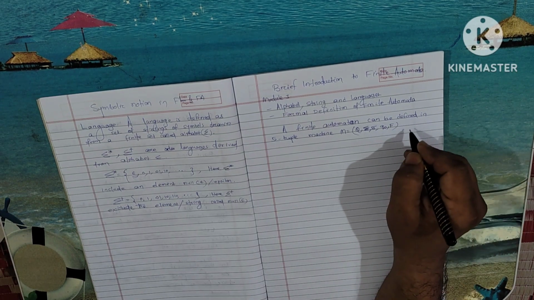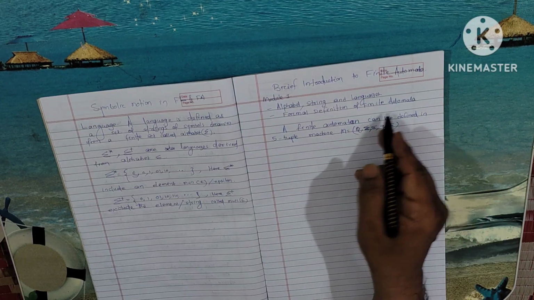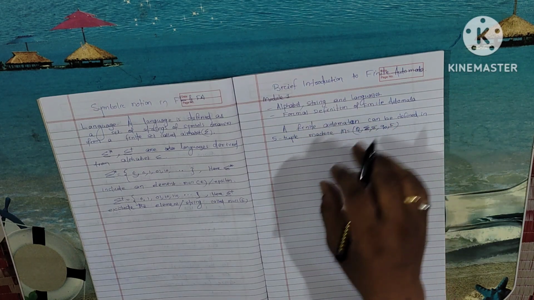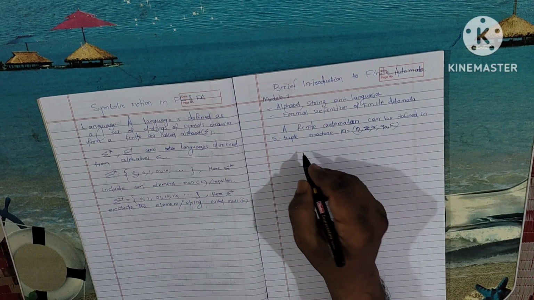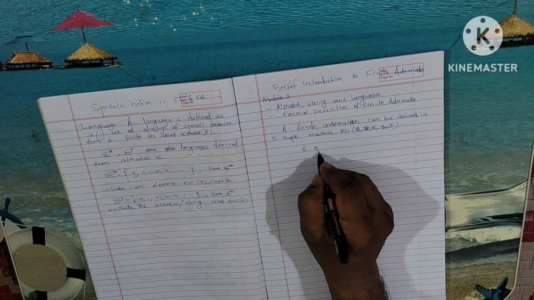The complete definition we are going to give about the formal definition of the finite automata. So we are going to give a brief introduction to this one. Here we will basically focus on the transition rules.